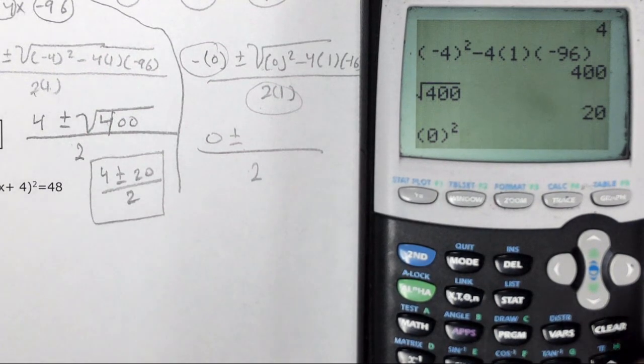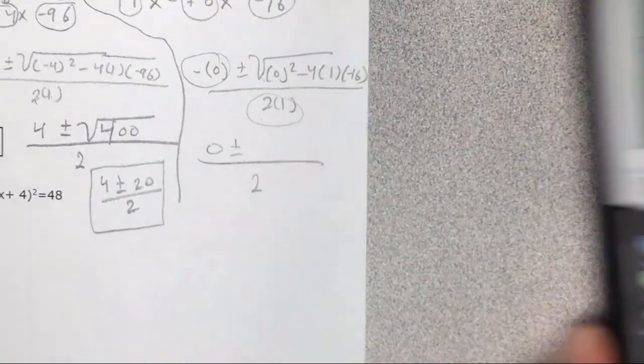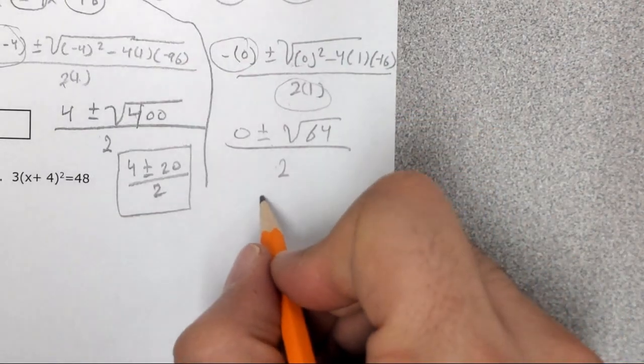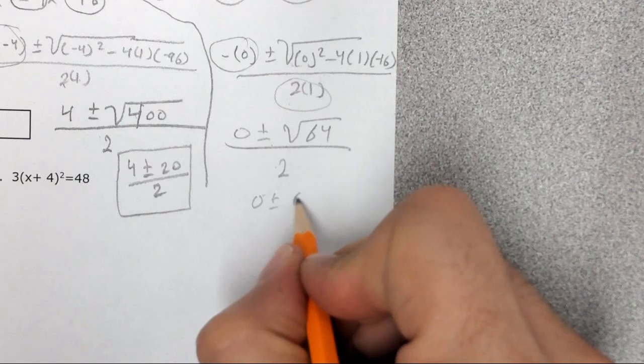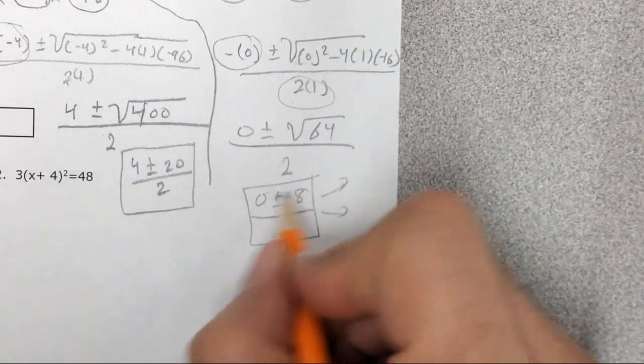Again, 0 squared is just 0. Square root of 64. By the way, square root of 64 is just 8. And again, I could continue here and get 2 different answers, but I'm going to stop just to show you how to end up with a fraction format.